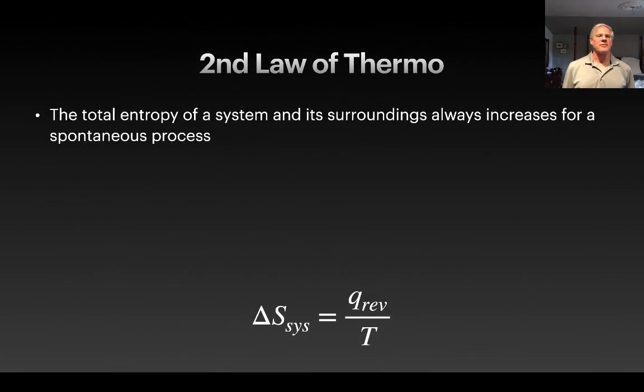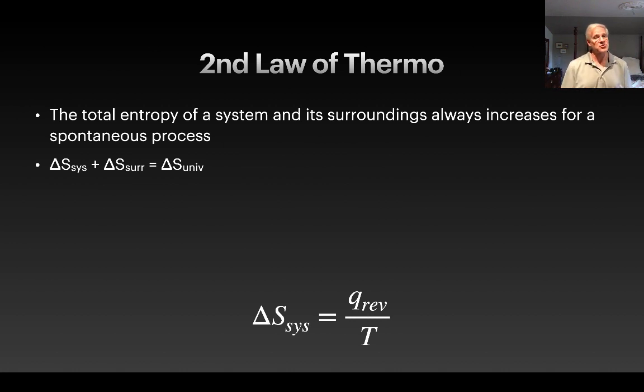Now, our second law of thermodynamics; we went through our first law a couple of sections ago. The second law of thermodynamics deals with entropy, and what it says is that the total entropy of a system and its surroundings, that's important, system and its surroundings, always increases for a spontaneous process. And one way of looking at the system and the surroundings: remember the system was the chemicals themselves and the surroundings was everything else in the universe.